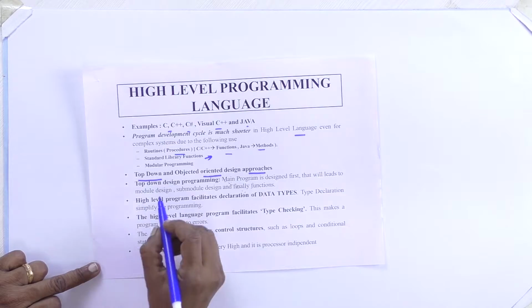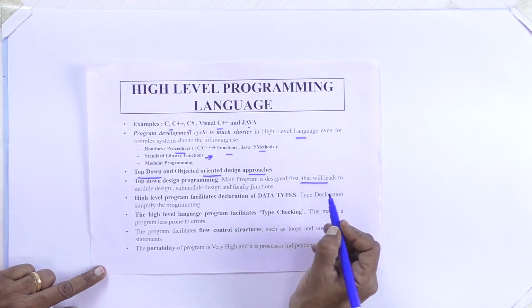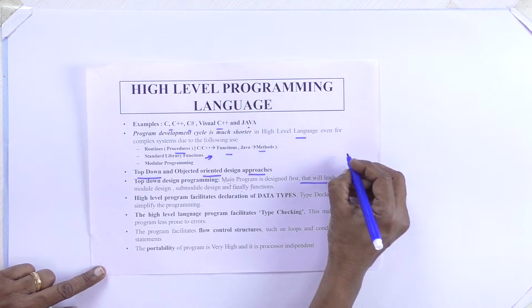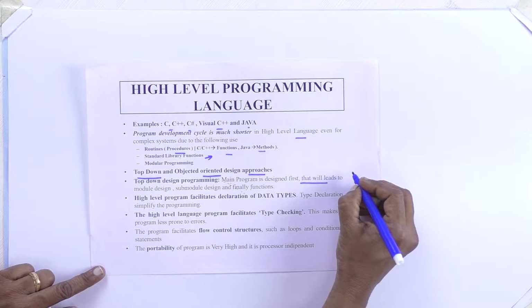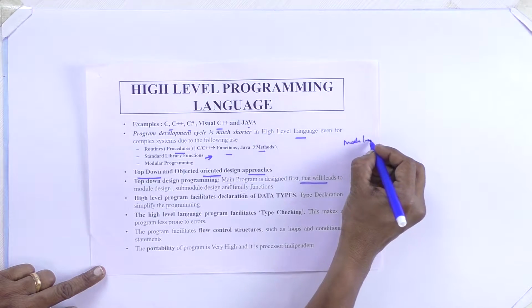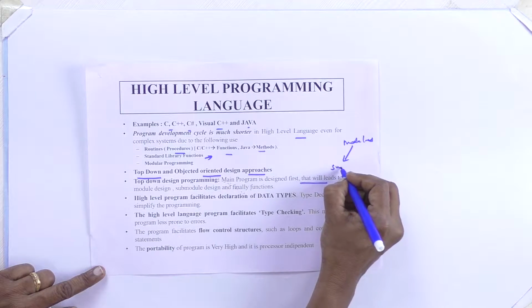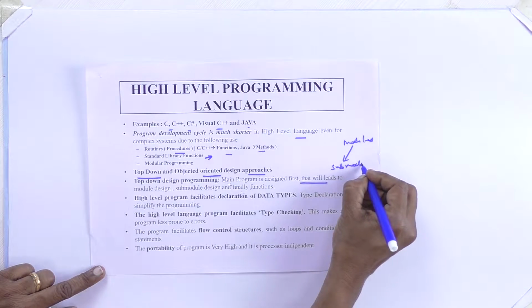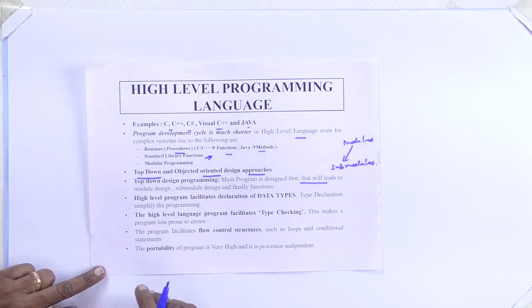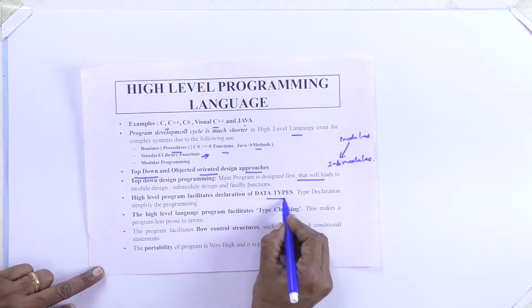When we come to top-down design programming, the main program is designed first, which is split into several modules, and each module is further split into sub-modules if necessary. A high-level program facilitates declaration of data types.